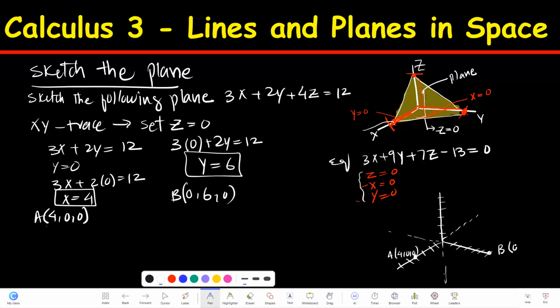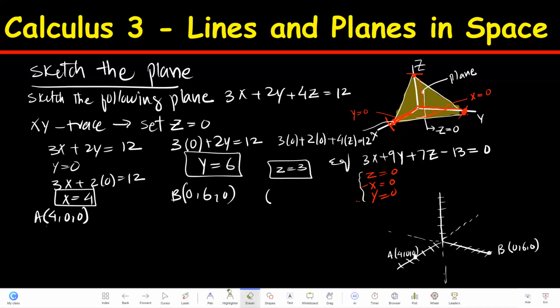B is 0, 6, 0. Let's do the z when I substitute both equal to 0. So 3 times 0 plus 2 times 0 plus 4z equals 12. And from here I can say z equals 3. So my point will be 0, 0, 3.